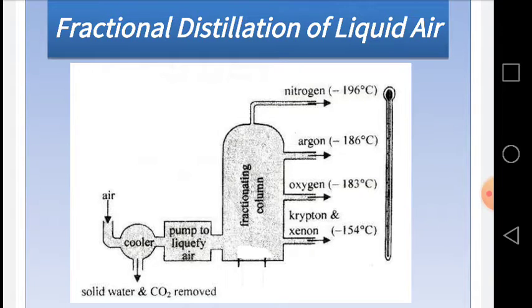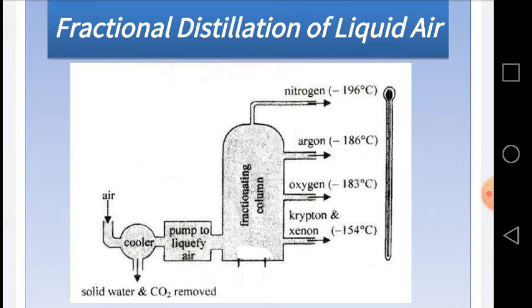The purified air is placed into a cycle in which it is repeatedly compressed, cooled, and allowed to expand through a tiny aperture. During the cycle, the air is compressed and its temperature increases. Heat is lost to the atmosphere.